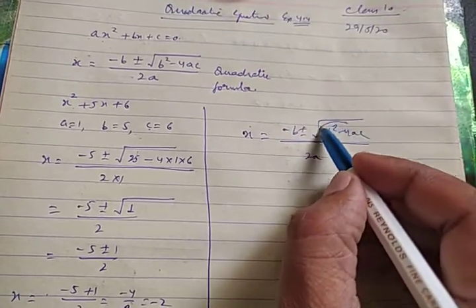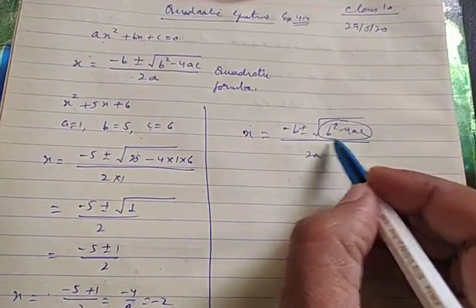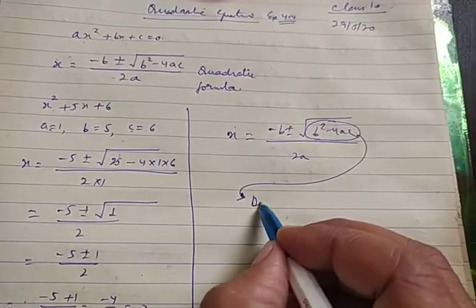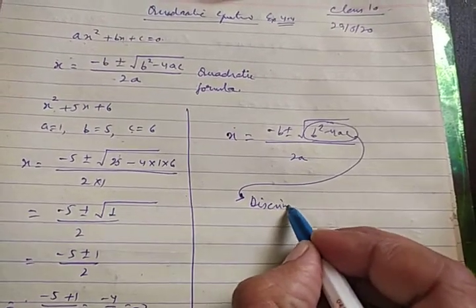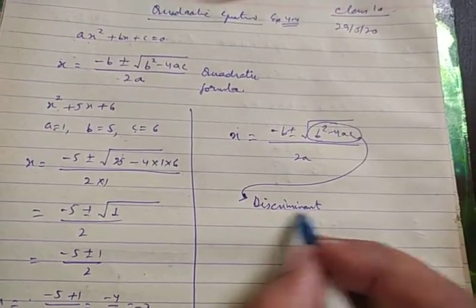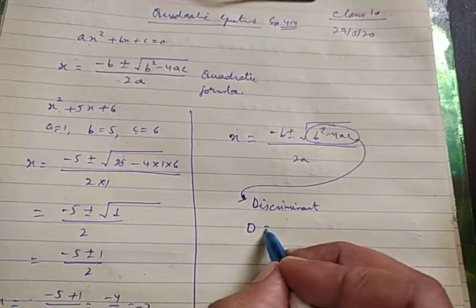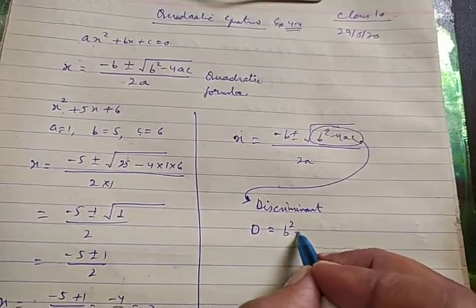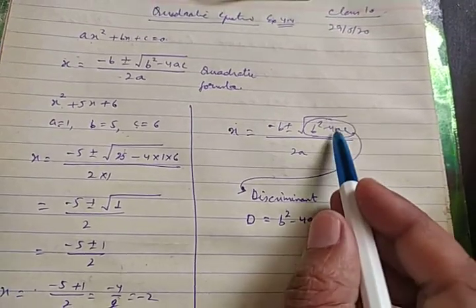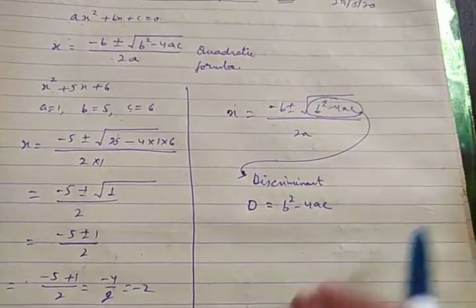This quantity existing in the radical sign is called the discriminant. It is denoted by the letter D. The value of D is equal to b square minus 4ac, the value under the radical sign.